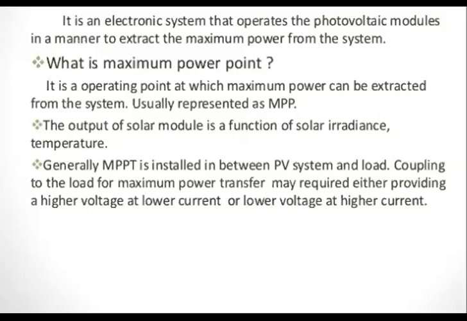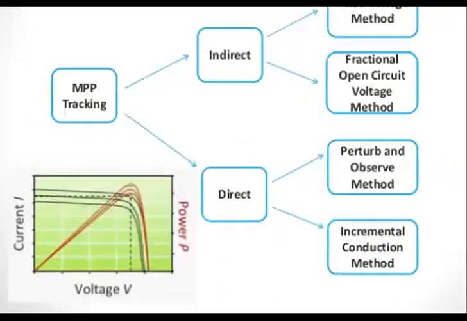During low light level situations, it will compensate for the low light level and find the new point at which the solar cell delivers its maximum power output. In this way, MPPT is useful to us.